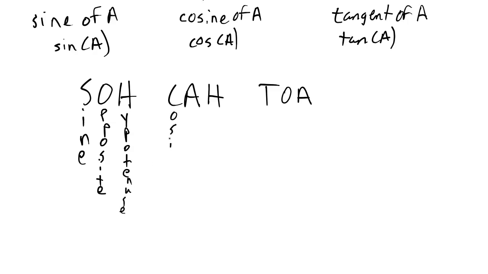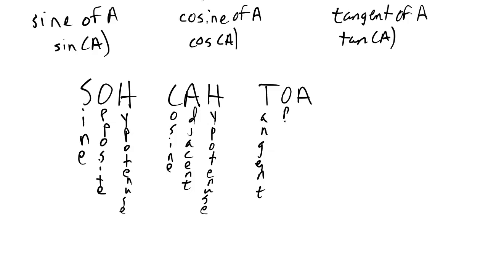Cosine is the adjacent over the hypotenuse. And tangent is your opposite over your adjacent.